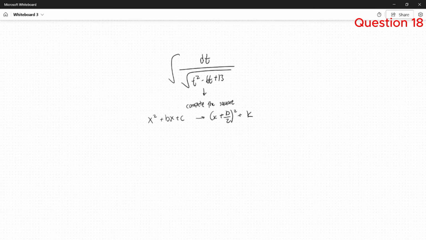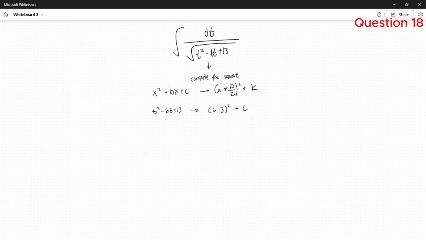Now, we can apply the same principle to this problem, since it is pretty much the exact same thing. t squared minus 6t plus 13 turns into t minus 3 squared, and then plus some constant out in front. I'll call it c.